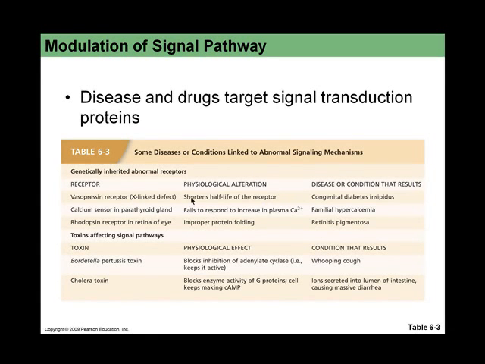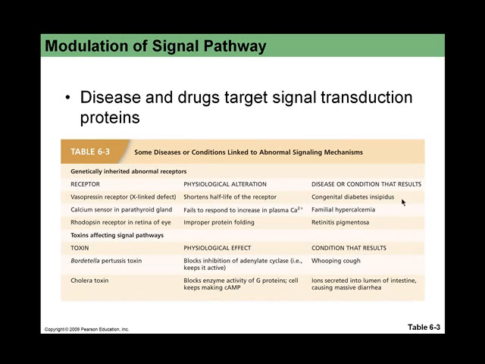So what happens is you have a very short half-life of the receptor. So the receptor protein may be present in the membrane, but it just doesn't stay long, so it's always less effective at triggering a signal.